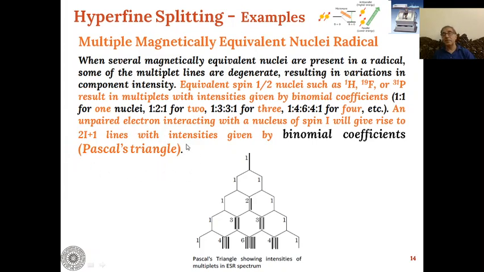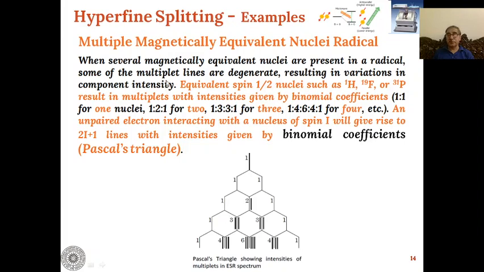Then is some further complex example, benzoquinone radical anion. So this is the structure of benzoquinone radical anion, and it has four protons, and because of the symmetrical nature of this molecule, they are four equivalent protons, right? That means four equivalent hydrogen atoms are there.